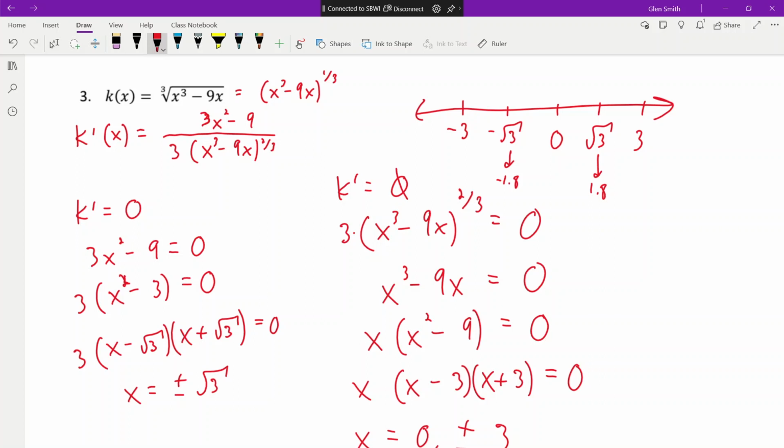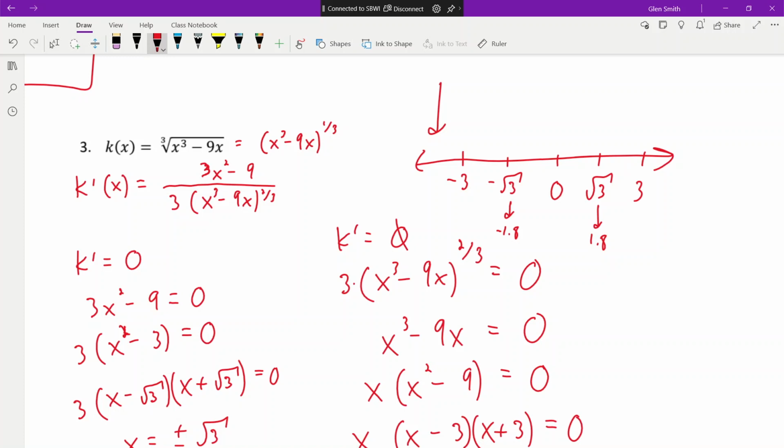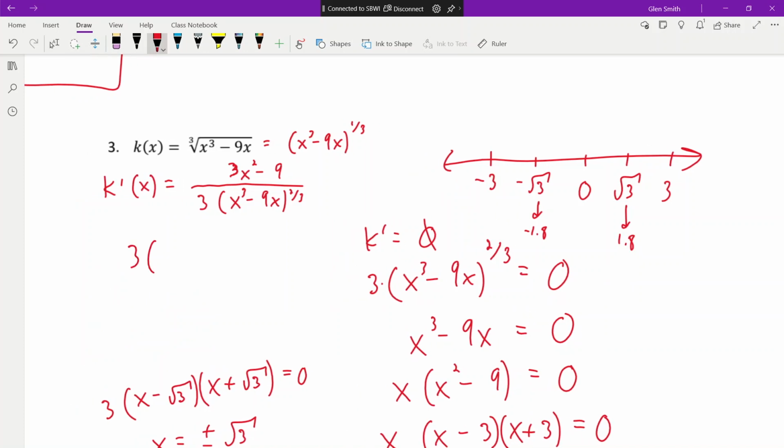So a number that's down in this interval here could be like negative 8. Really doesn't matter. If I pick a number back here, negative 8, and I'm plugging it into the derivative, and we could factor this out if we had to, we can just plug it right into this thing as well. But if you plug in negative 8, think about this. You're going to get 3 times 64 minus 9 over, here's a fun fact, whatever I get inside of these parentheses is being raised to the 2/3, which means square it and then take the cube root.